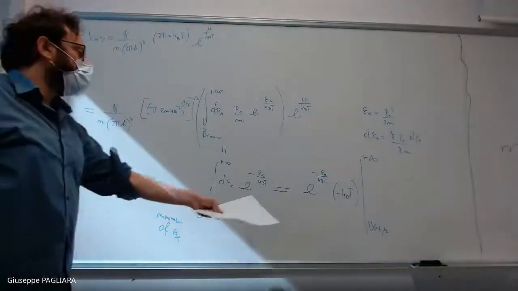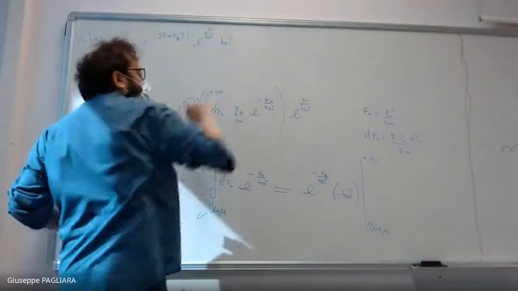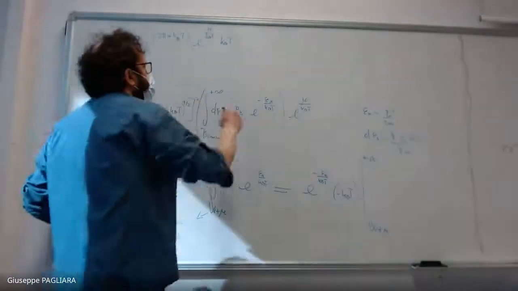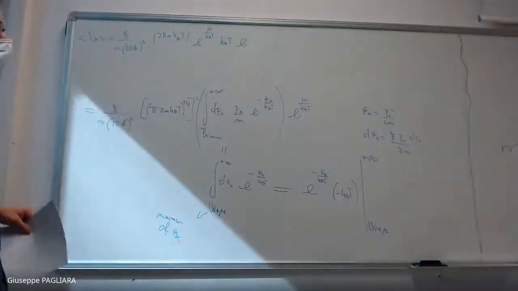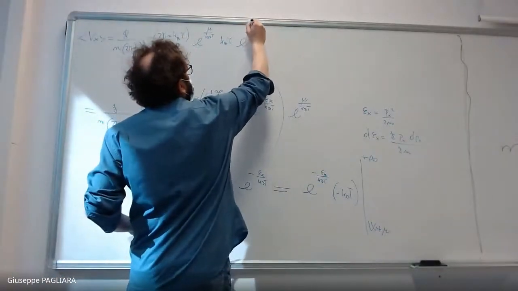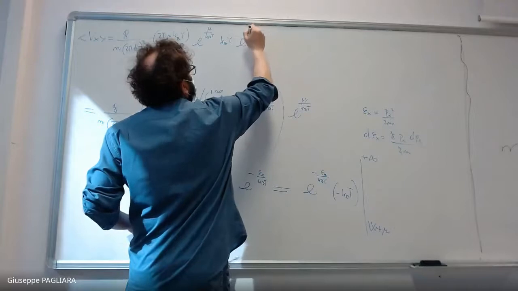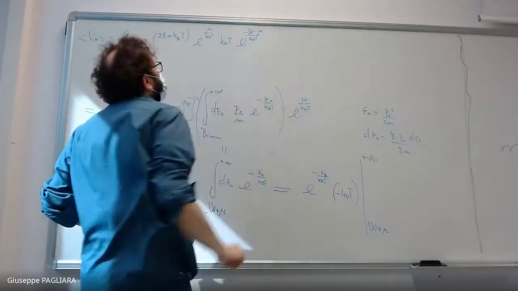And then I have this integral finally, which is a kbt times the exponential of minus w minus mu divided by kbt.